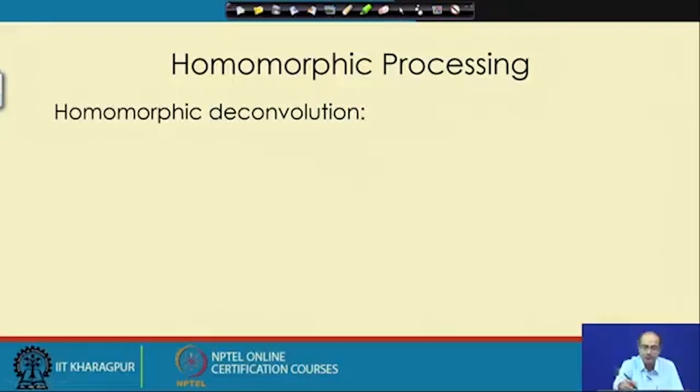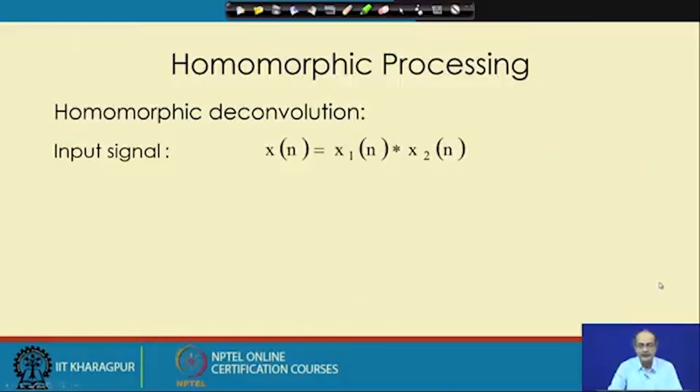Okay. So, here let us look at the example of homomorphic deconvolution. In this case, say the input or observed signal x n actually consists of two parts again, x 1 and x 2, but they are convolved with each other. One of them we can say is the signal, another is the filter impulse response.